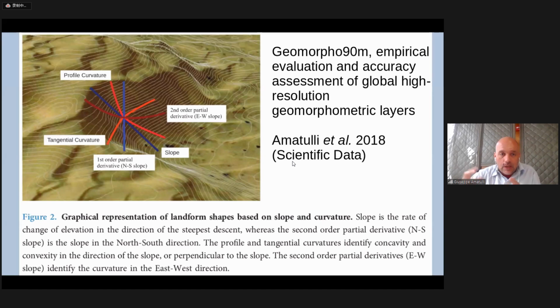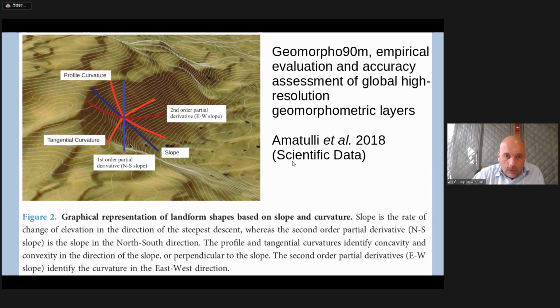You can summarize the different geomorphology according to the curvature, the profile and tangential curvature, and the slope of the terrain, the first order derivative, as the slope in one direction, north to south or east to west.